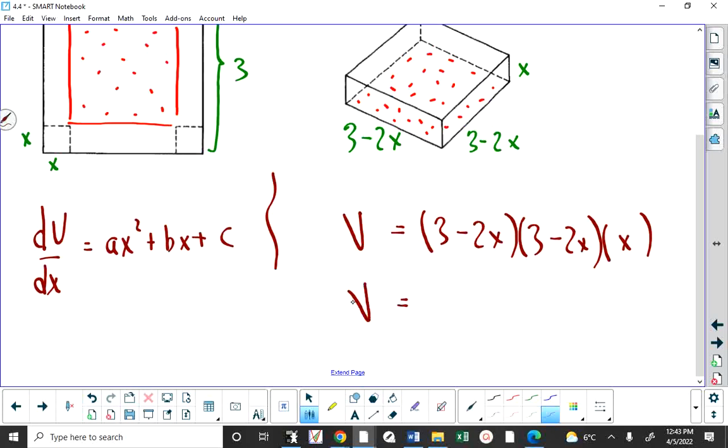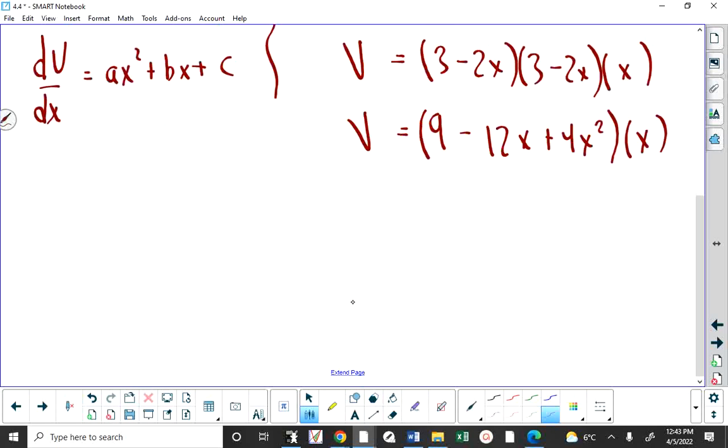So V would be equal to 9 minus 12x plus 4x squared, times x. So I've done a little bit of FOIL with 3 minus 2x times 3 minus 2x. And as I'm speaking, I'm just double checking and it looks fine, when I multiply that all by x, I get V equals 4x cubed.